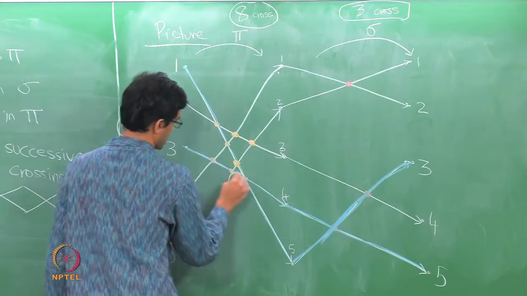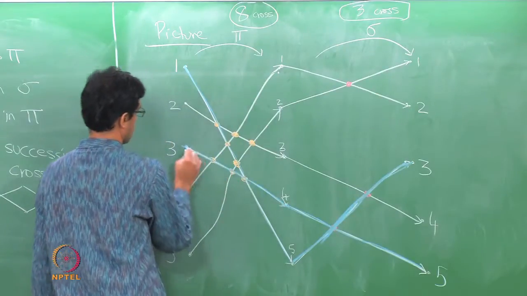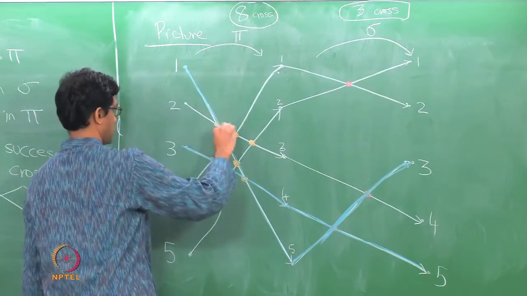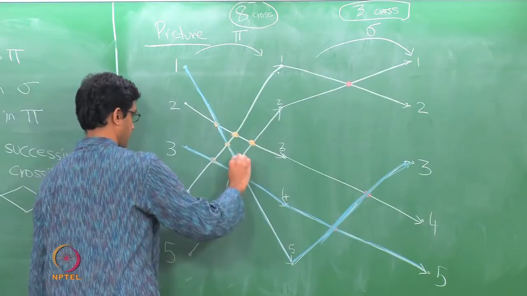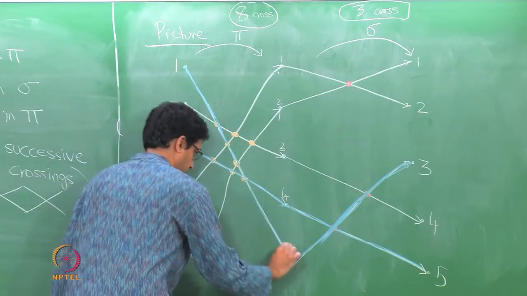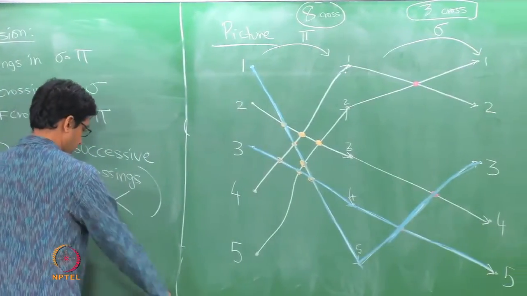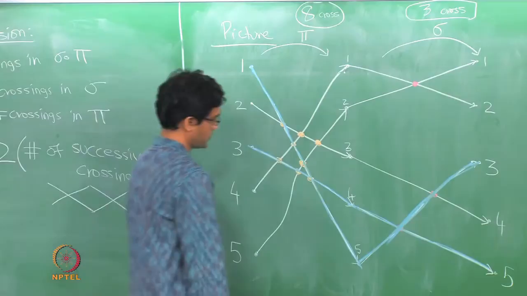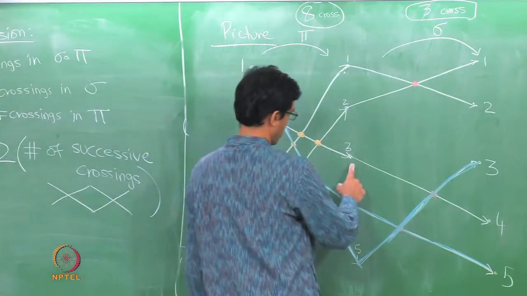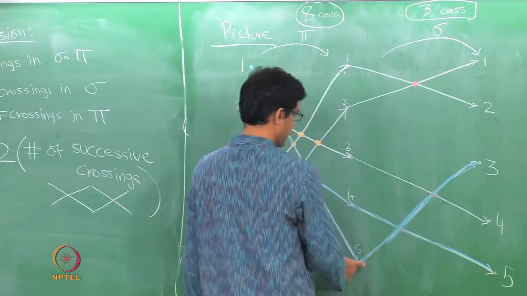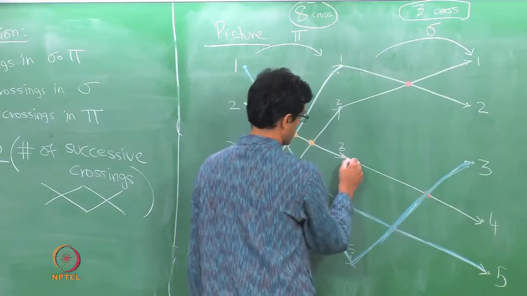So here is one successive crossing that is highlighted in this diagram. And there is another, let us see, the one which sends 3 to 4 and 5 to 3. Let us also try and highlight this.